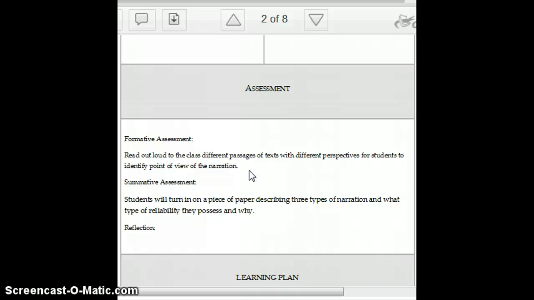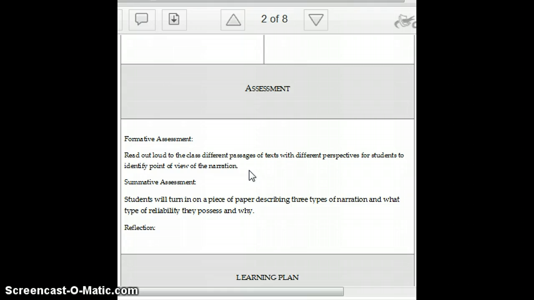So in other words, instead of saying, read out loud to the class different passages of text with different perspective for students to identify the points of view in narration, instead, say, students will provide verbal feedback to indicate whether they can identify point of view of narration. That way when someone comes to observe you, they know exactly what you're doing, why you're doing it. Not so much the you part, but the student part, like what your teacher rationale is, okay?